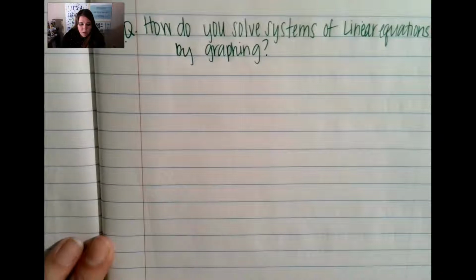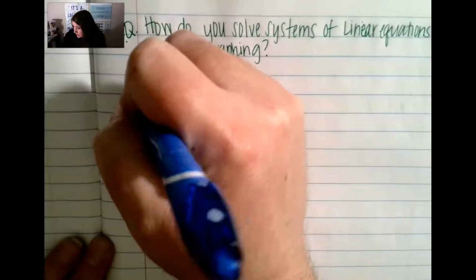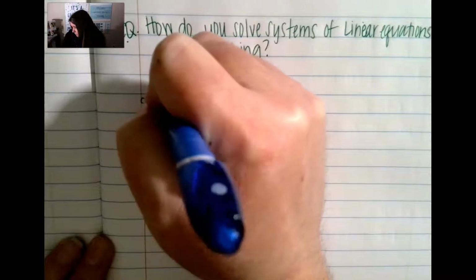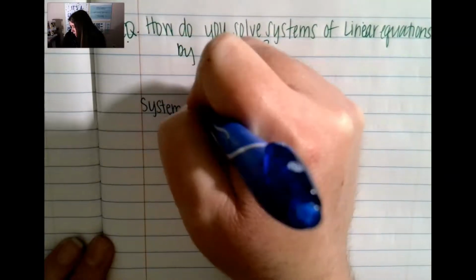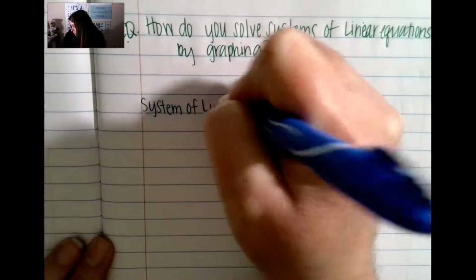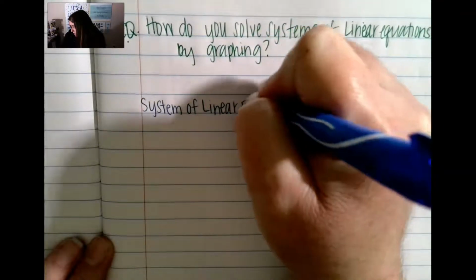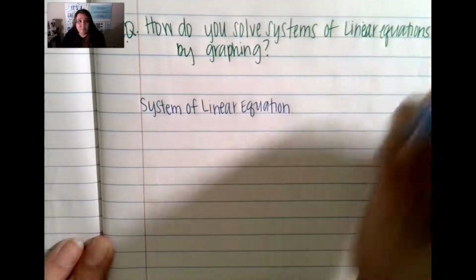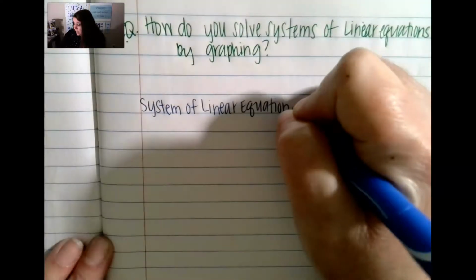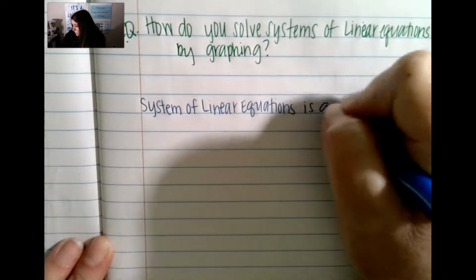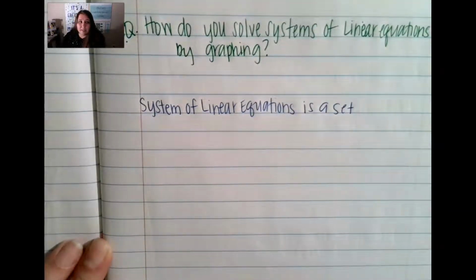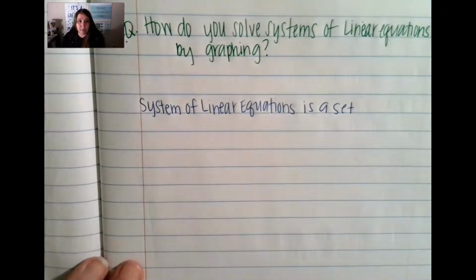So first of all, we want to know what is a system of linear equations. A system of linear equations is a set of two or more linear equations in the same variables.